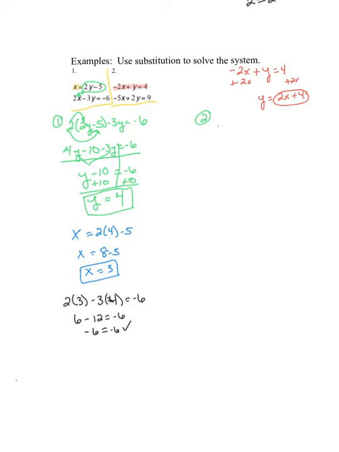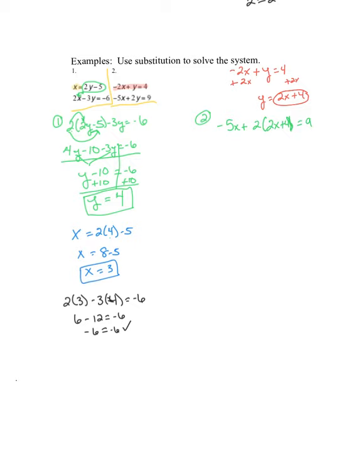So let's use the other equation. Negative 5x plus 2 times 2x plus 4 equals 9. Remember, it's not just 2x plus 4. It's 2 times the y.